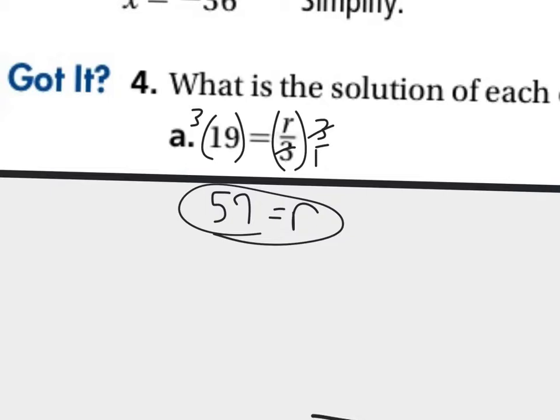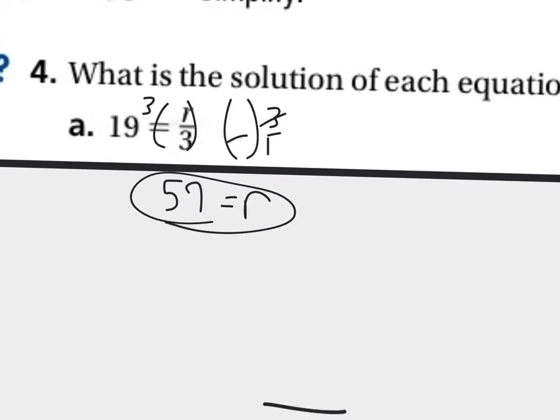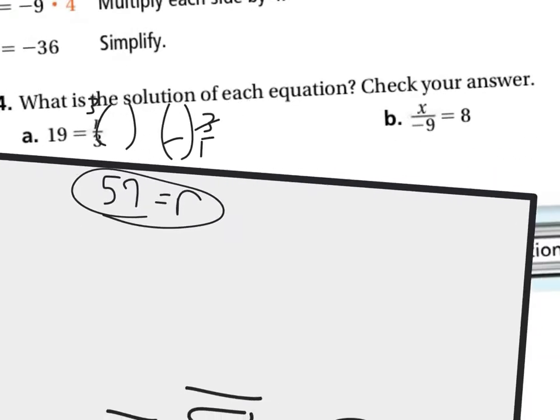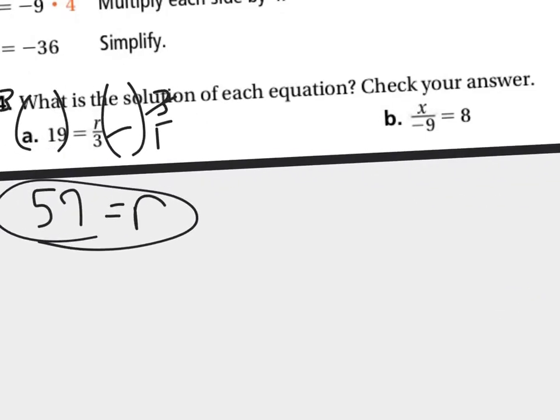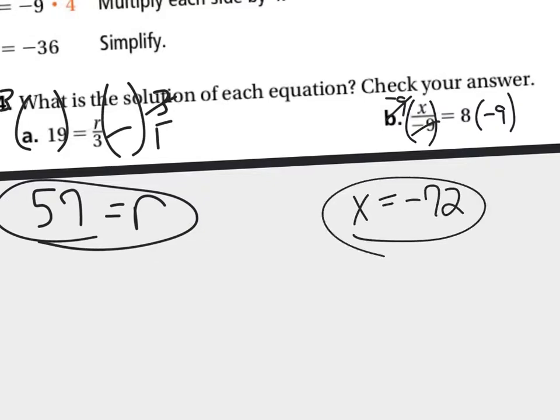Part B is going to be a similar story. So this one, they're dividing by -9. We need to multiply by -9, which would be -72.